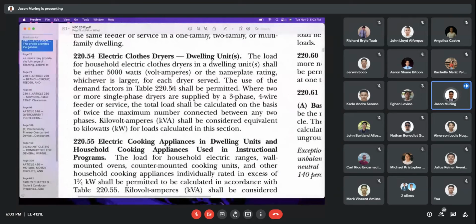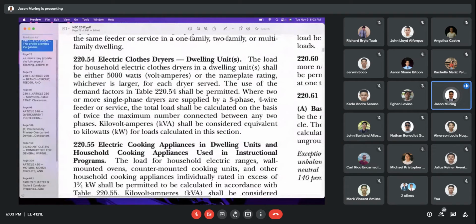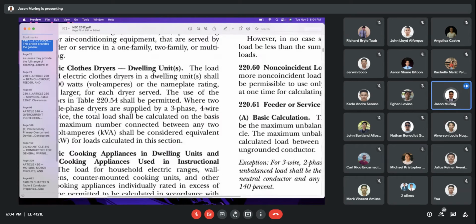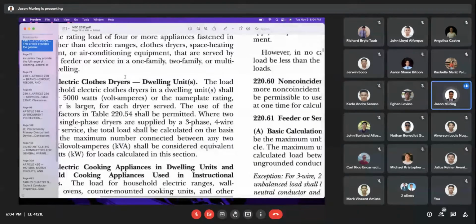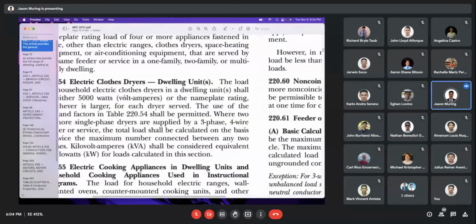This says that to calculate the provision for a clothes dryer, you either look at the nameplate rating of the clothes dryer or use 5,000 watts, whichever is greater. Meaning if you have a clothes dryer rated at 4,000 watts, we automatically use 5,000 watts.